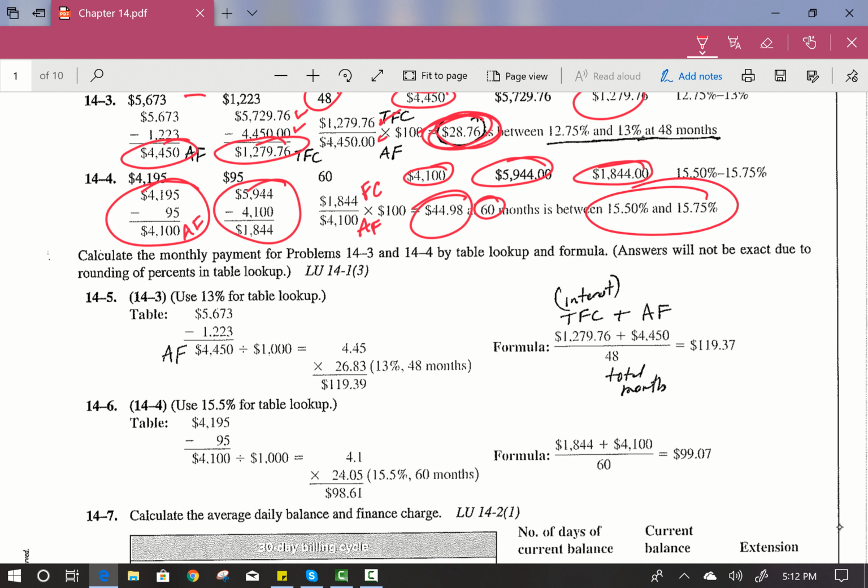Okay, right there, 15.5 and 15.75 is the APR by table lookup.